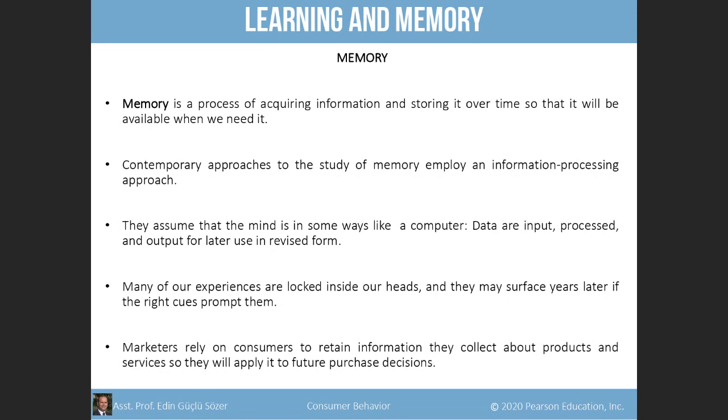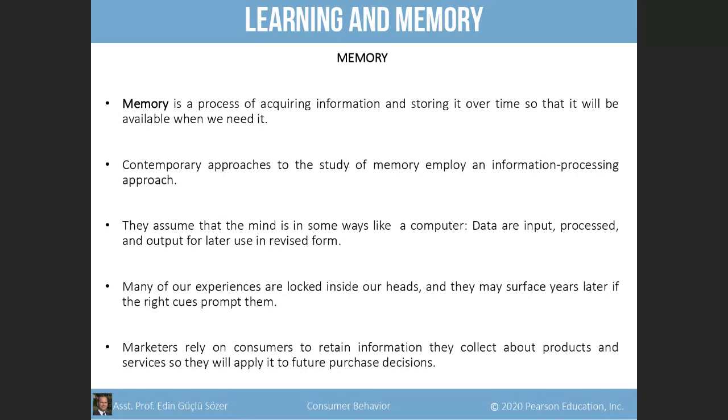It's like a computer's information processing capability. The computer gets information from the outside world, for example, when we are writing something. Then the computer stores the information on the hard disk or SSD.